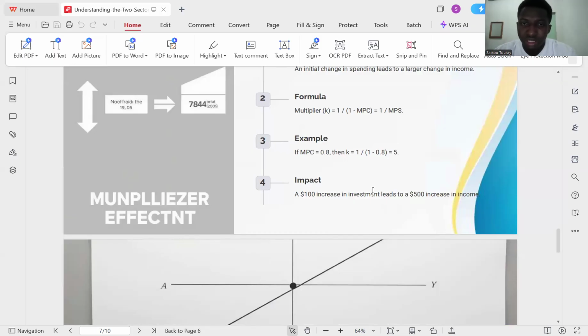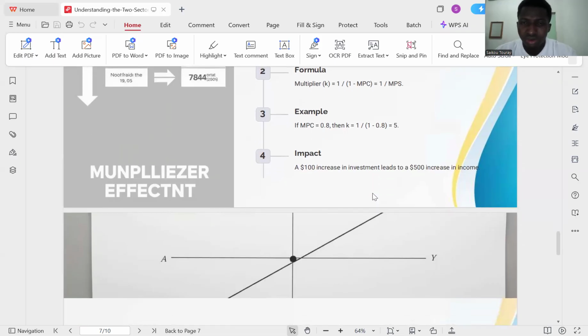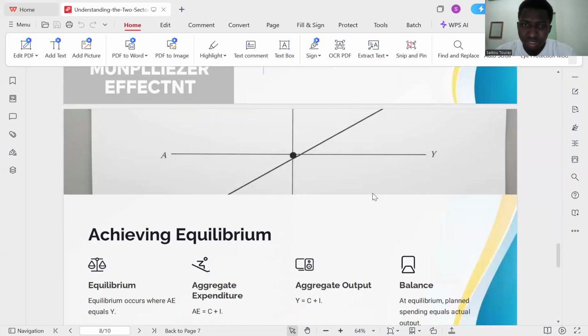So the impact is that a $100 increase in investment can result in a 500 increase in income. Sometimes when you invest 100, you can have an outcome of 500. Or, when you invest 200, you can possibly have an income of 1,000 dollars.